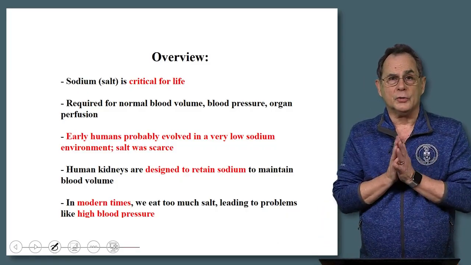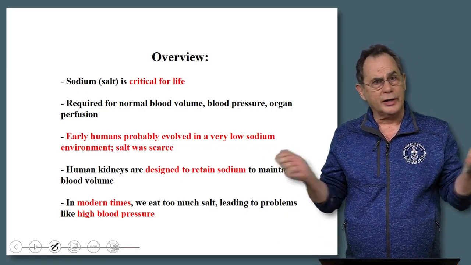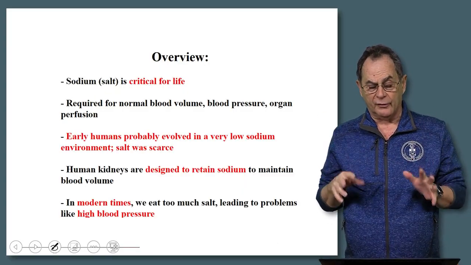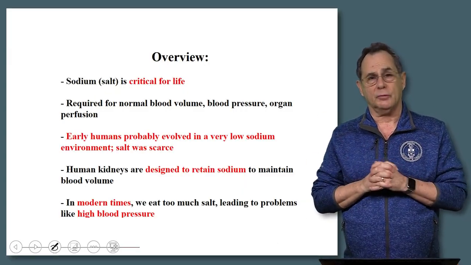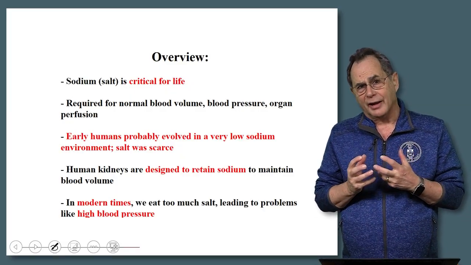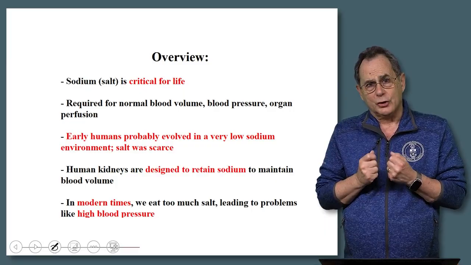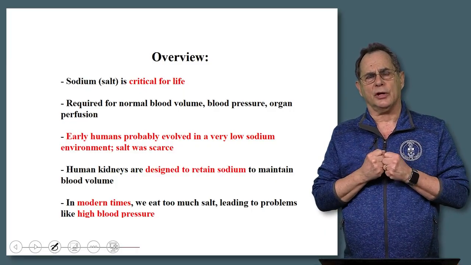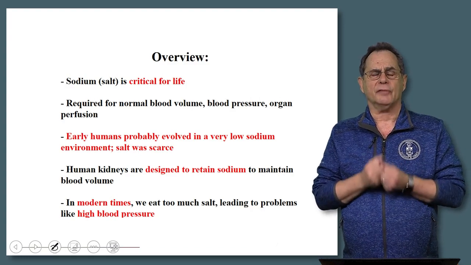Now, early humans, as we were evolving, running around the plains of East Africa, as you can imagine, evolved in a very low sodium environment. Salt was scarce. So one of the things that I like to think about is that human kidneys evolved and were designed to retain sodium in order to maintain blood volume.